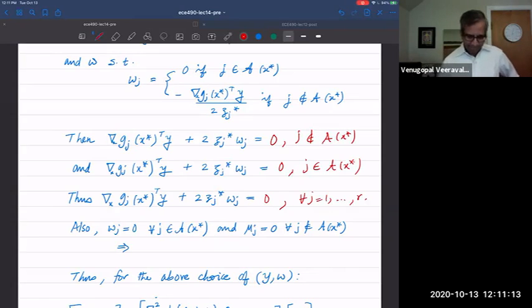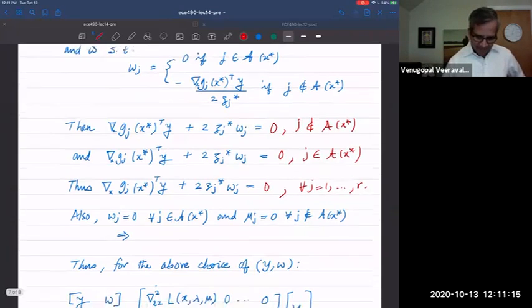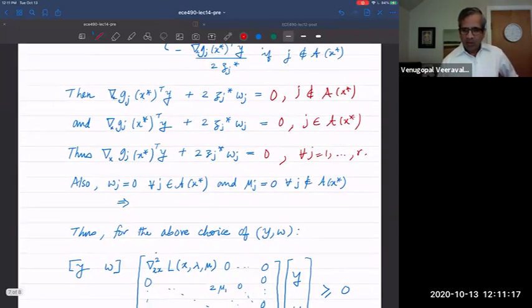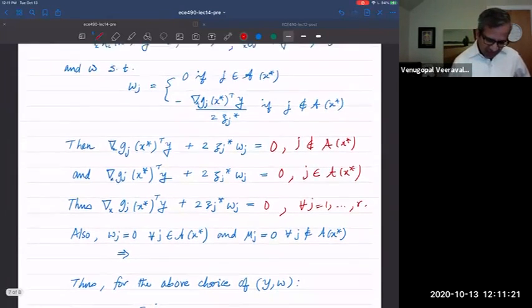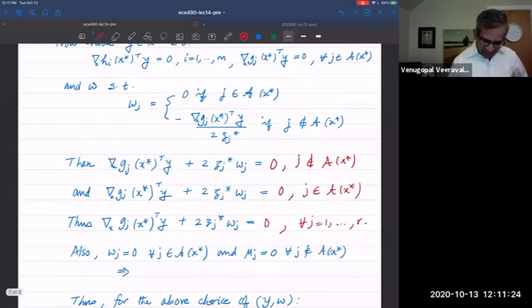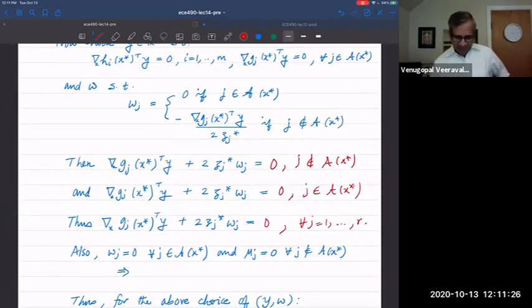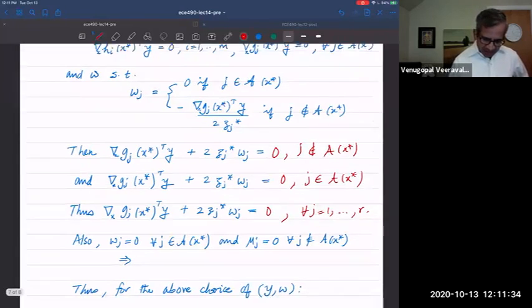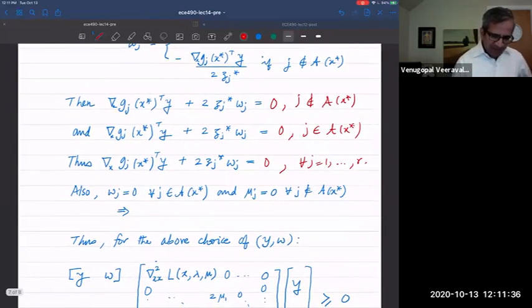Also, we know that wj is 0. We've set wj equal to 0 for j in the active set. And we already know from our previous result that mu j is 0 for j that's not in the active set. So if you look at the product of mu j and wj, that's always going to be 0, no matter whether you're in the active set or not.